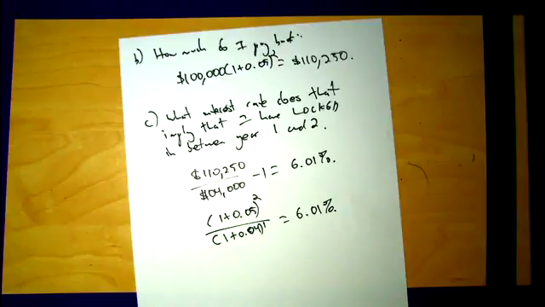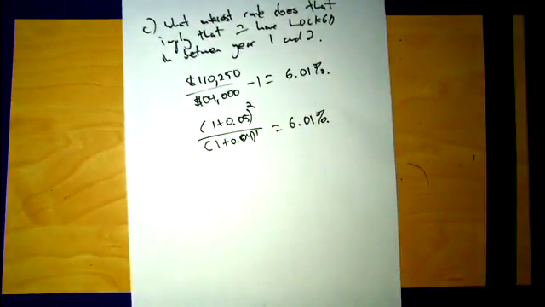So the question we had before is, what about continuously compounded rates? That's what this course is all about. Well, the nice thing is it's even simpler with continuously compounded rates.